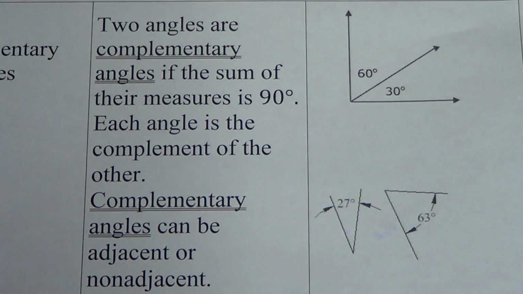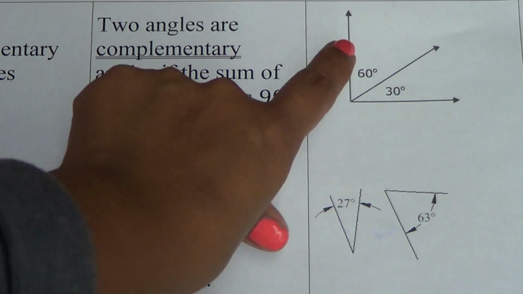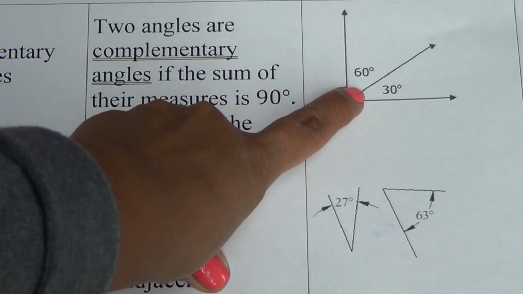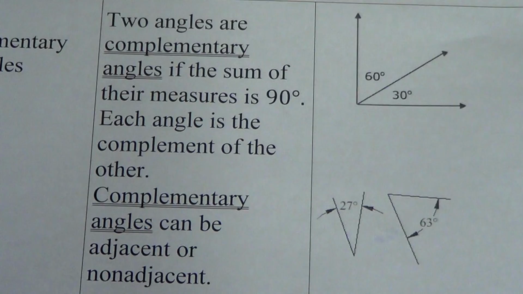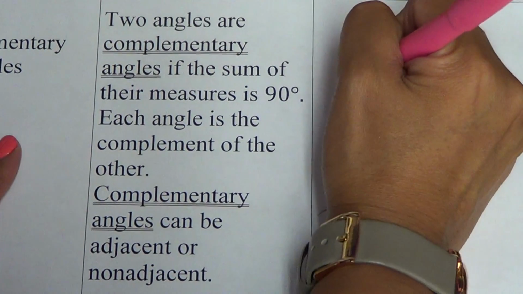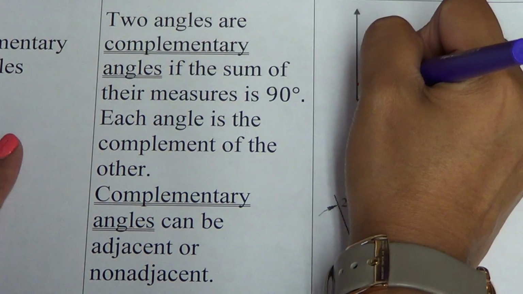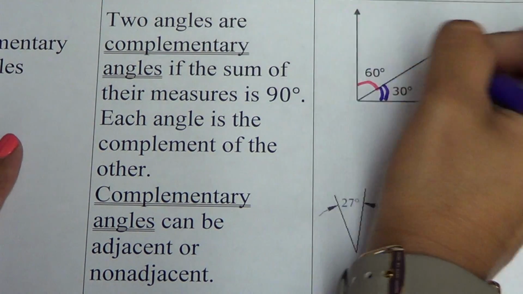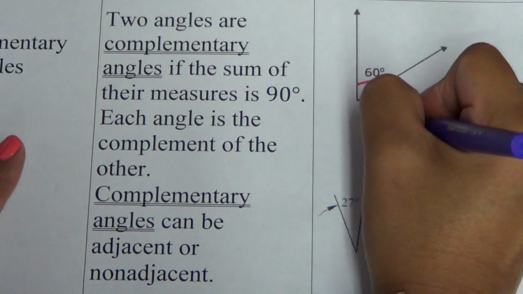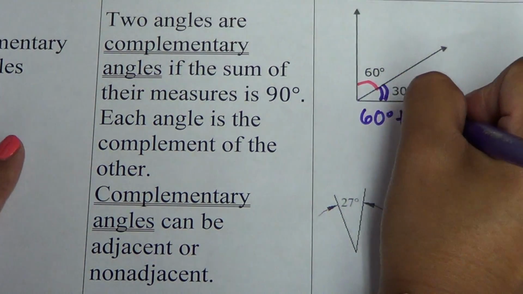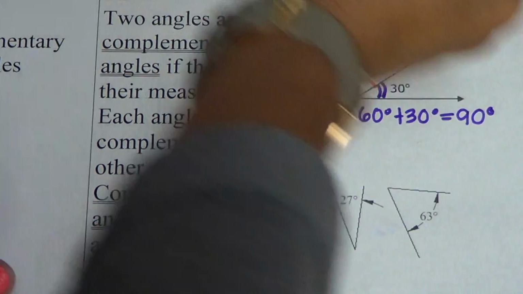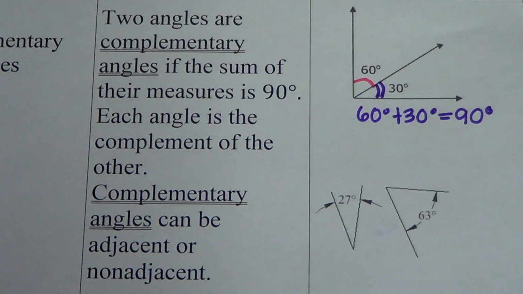The thing about complementary angles is that if we were to add them together, they equal 90 degrees. So we see here that this angle and this angle, if I add them, I get 90 degrees. So we would say that those two angles are complementary.